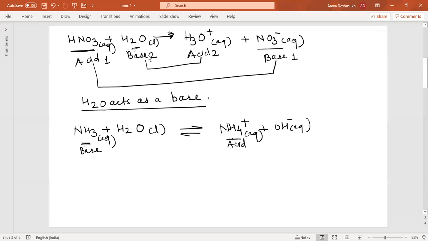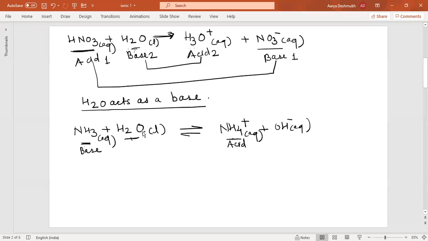This H2O water molecule is donating one of its protons to this ammonia molecule. After losing a proton, H2O is getting converted into OH minus ions.